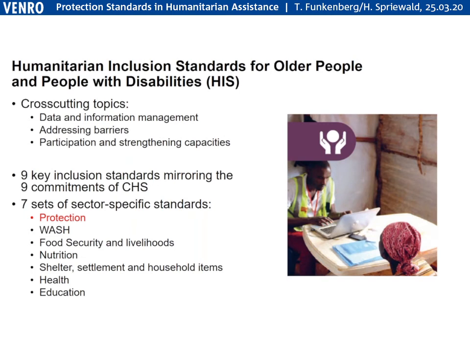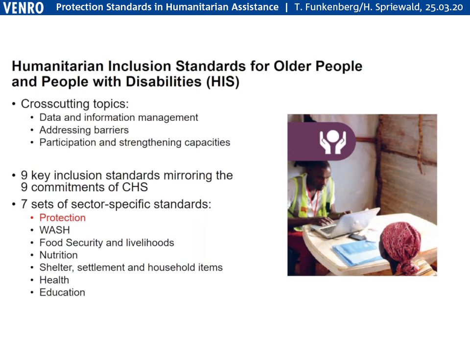The first standards are the key inclusion standards of the HIS. These mirror the 9 commitments of the Core Humanitarian Standards, the CHS, and are adapted to the requirements and specific needs of older people and persons with disabilities.